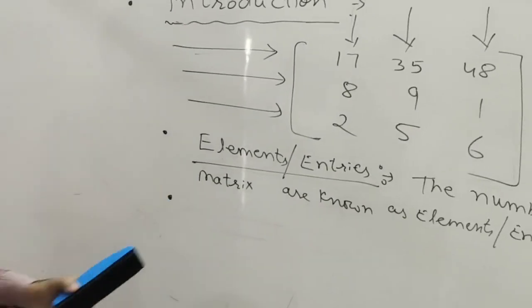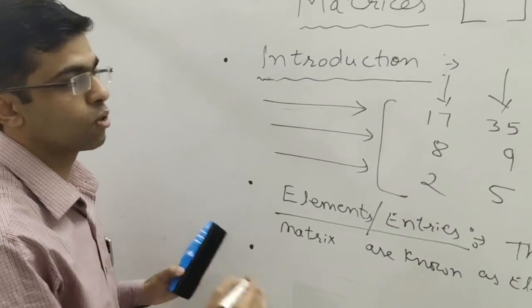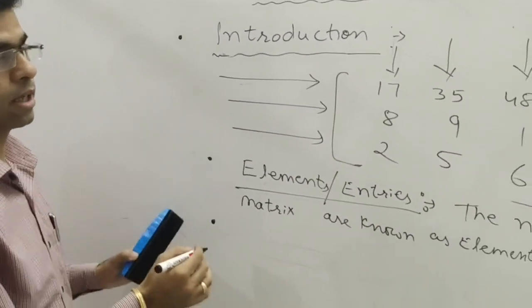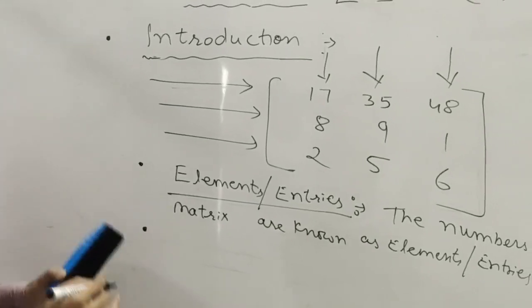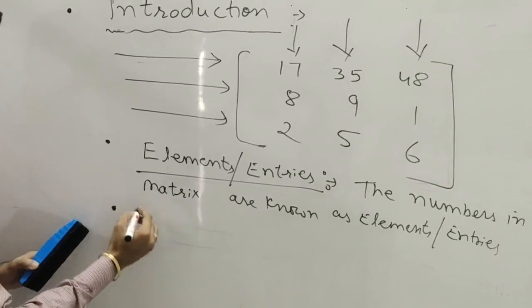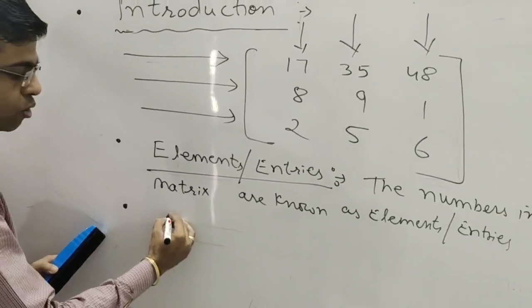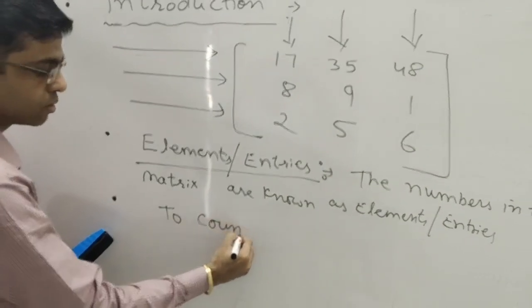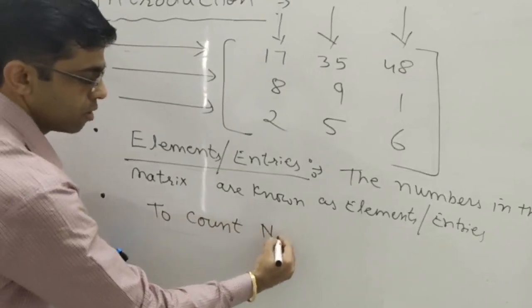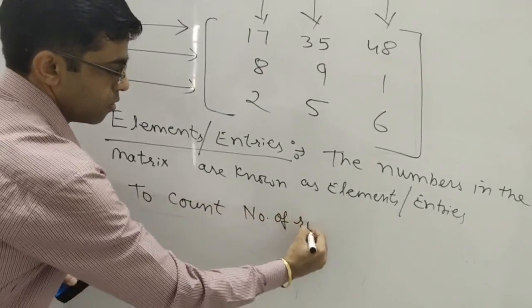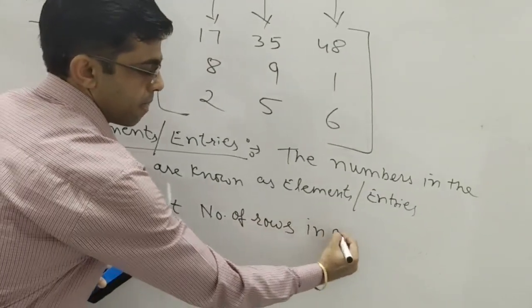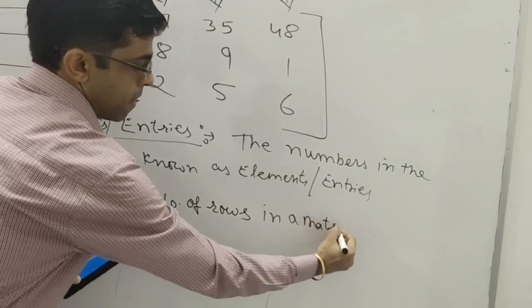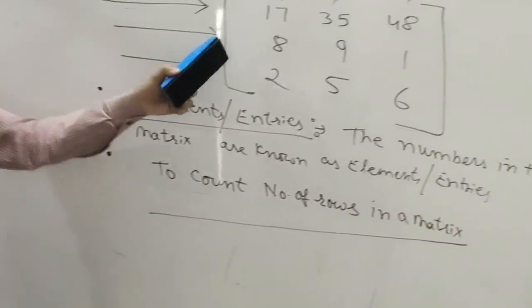Now come to the next point, how to count the number of rows, because a matrix is known by its number of rows and its number of columns. To count the number of rows in a matrix, we will consider this matrix.